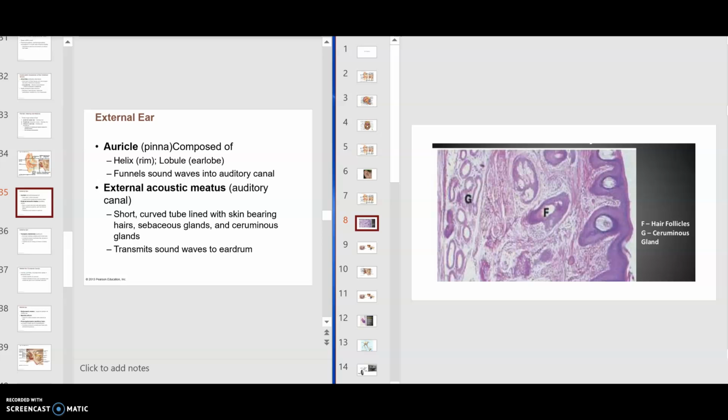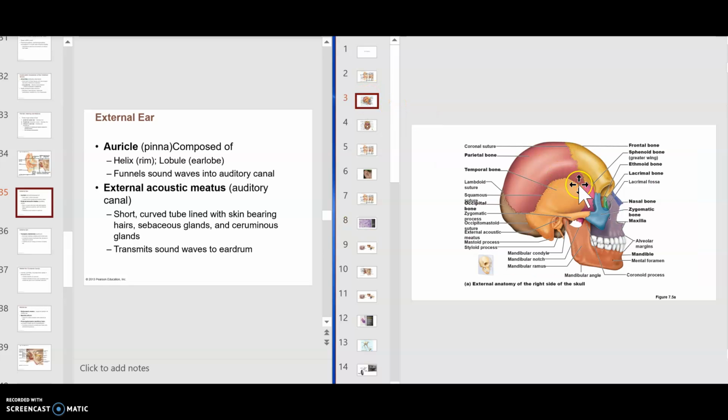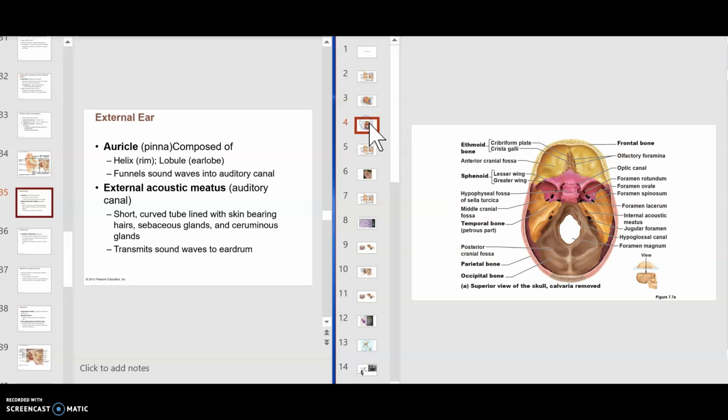So when we look at the ear, I want to go back here and show you that the ear really is located in this temporal bone. Here's that external acoustic meatus in the temporal bone. Then I'm going to go to this other skull shot.